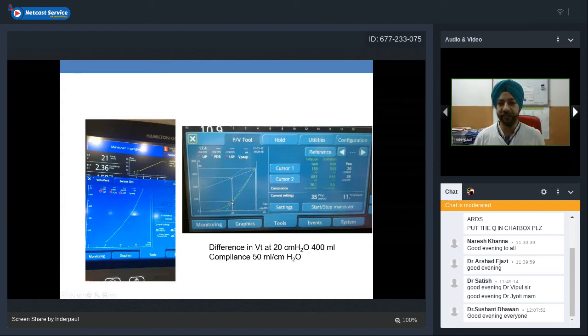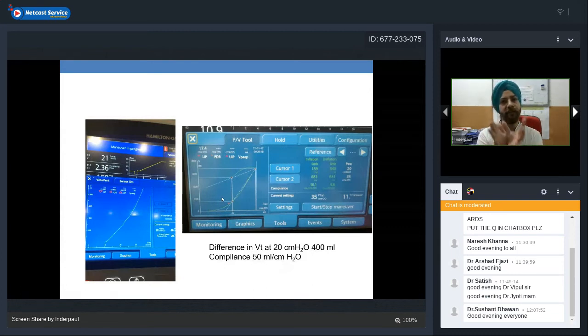You can see the difference between the tidal volume at a pressure of 20, whether the tidal volume in the inflation and the deflation curve is approximately 400 ml or more. If the difference at a pressure of 20 in the tidal volume is more than 400, it means the lungs are recruitable. And if the compliance is 50 ml per centimeter, it means that the lungs are recruitable.